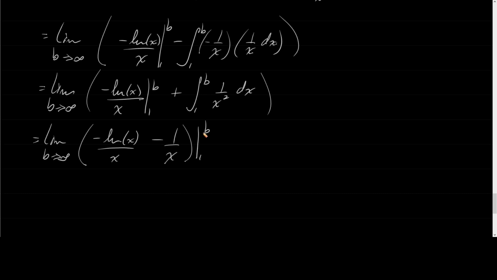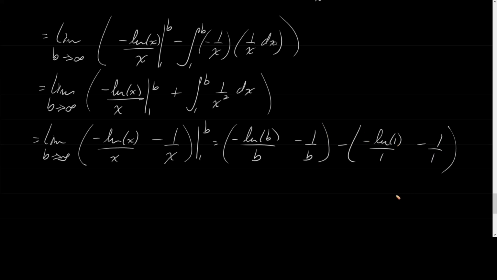So what does that give us? Well, let's see. We're going to plug in b. So I end up with negative ln of b over b minus 1 over b. And then minus negative ln of 1 over 1 minus 1 over 1, right?